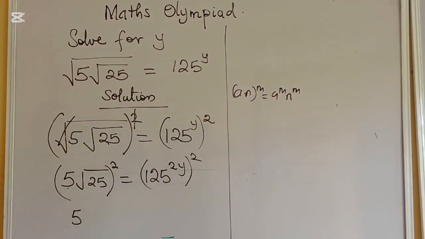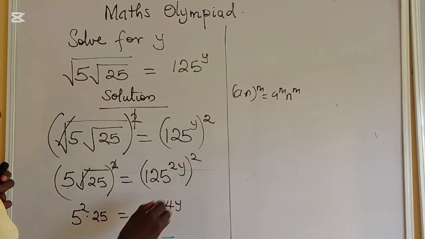So that's what we're going to do here. So this will now be 5 squared, while this will cancel and give us 25, which is equal to 125 raised to 2 times 2 gives us 4y.